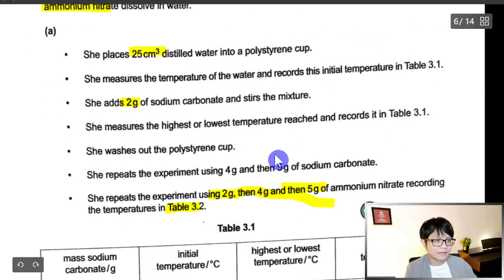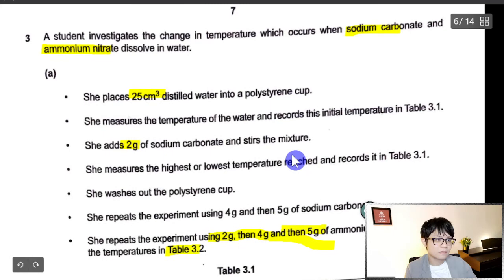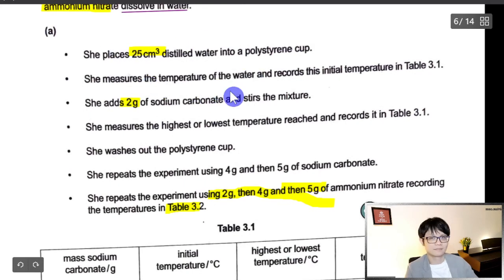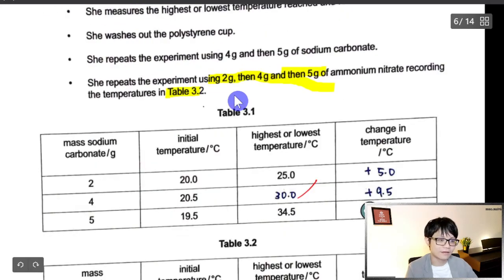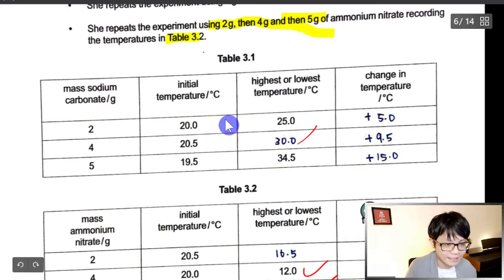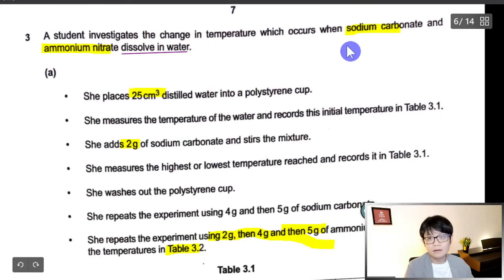I thought when sodium carbonate and ammonium nitrate dissolve in water, they are separated, so they are not mixing sodium carbonate and ammonium nitrate. Okay, take sodium carbonate and put in water, take ammonium nitrate and put in water. Just now I said the hypothesis was wrong already, but something like that. I don't want to repeat what I said just now. It will be a different hypothesis if you understand the question differently.